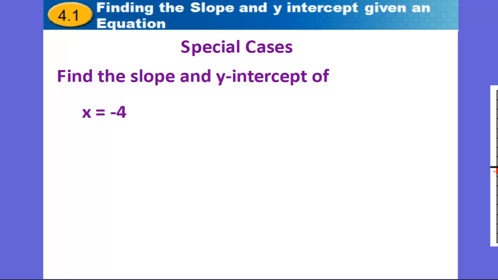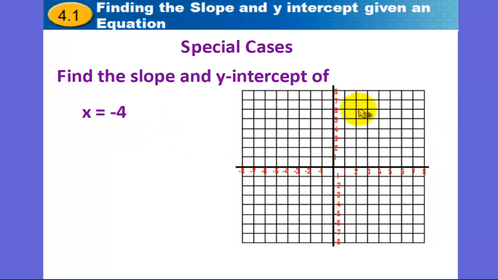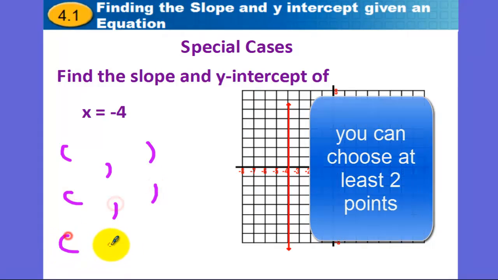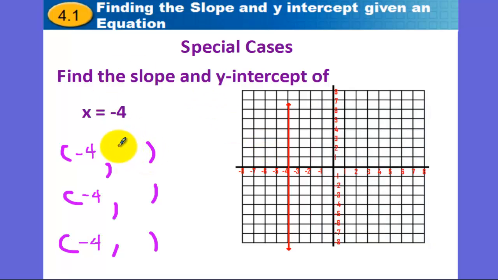Alright, next example. x equals -4. So we know that we will have here a vertical line that will cross x equals -4. We know this from the previous example because we can just randomly choose any 3 points as long as your x value is equal to -4 and put any random y values, let's say 2, 0, or -2.